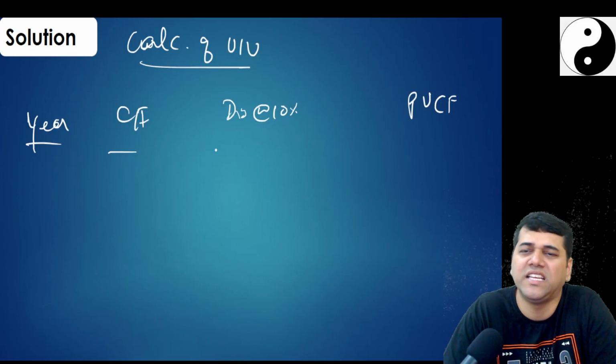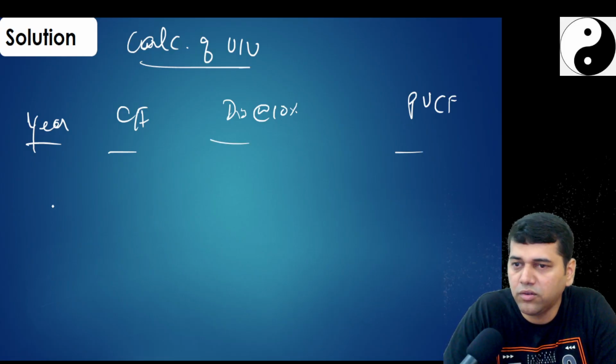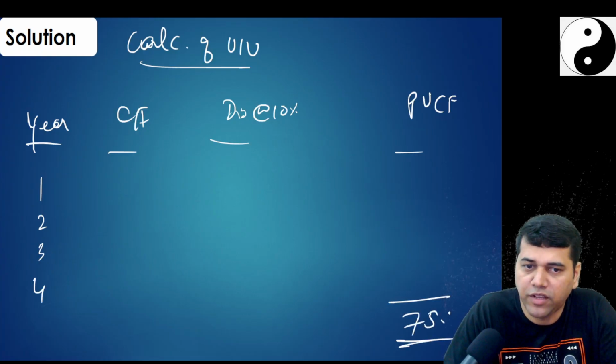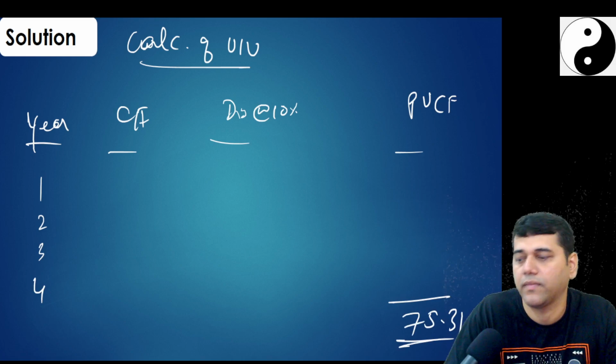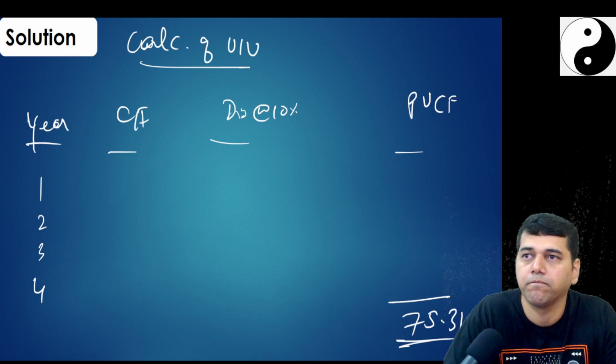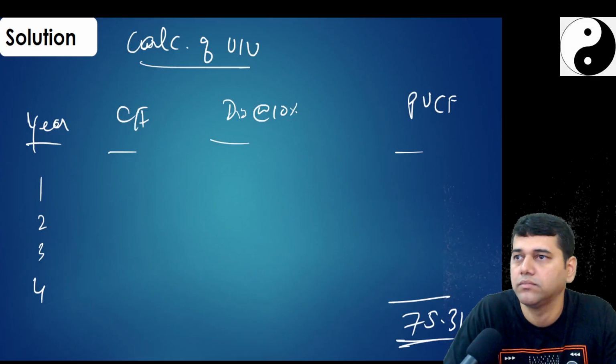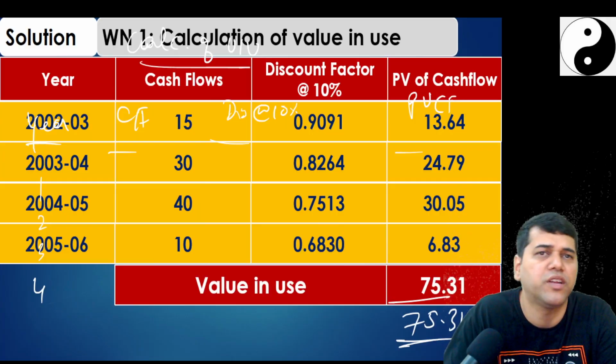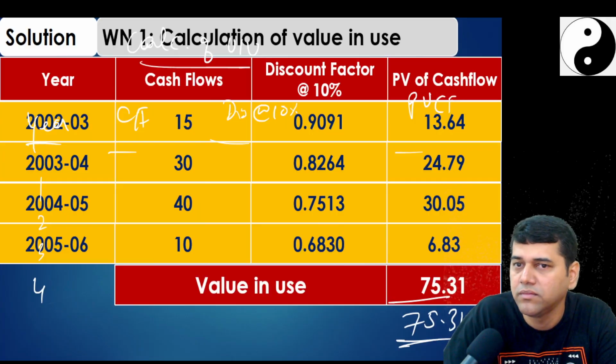Just write the heading, this you can do later. Here 1, 2, 3, 4 and write the total here, 75.31. So this is my calculation, which we have done so many times, it's not a big deal.